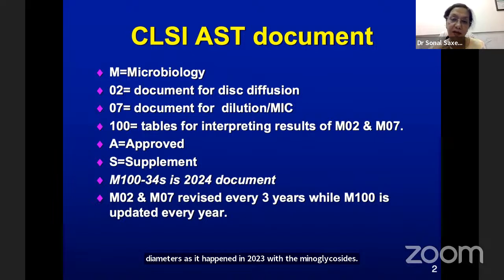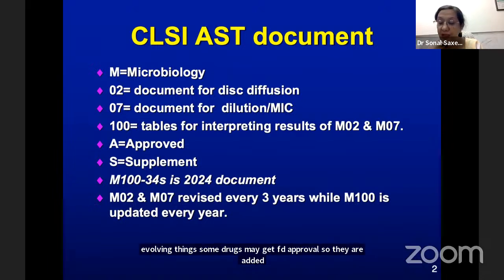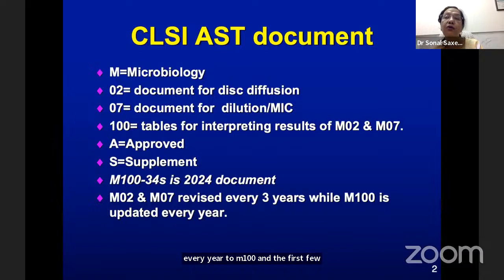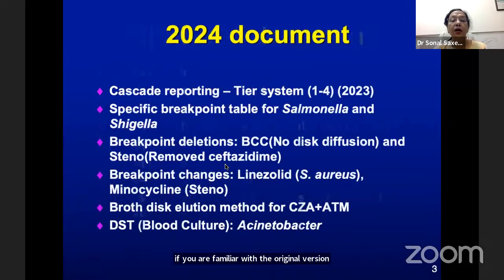These are evolving things. Some drugs may get FDA approval, so they are added every year to M100. And the first few pages of the document allow you to see these changes if you are familiar with the original version. So, what changed in the 2024 document?